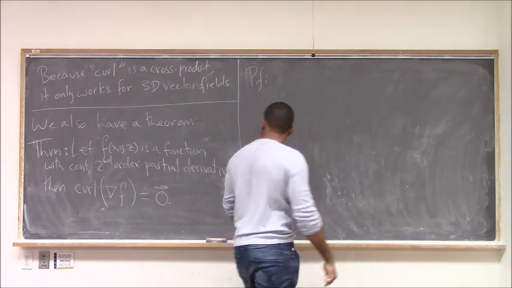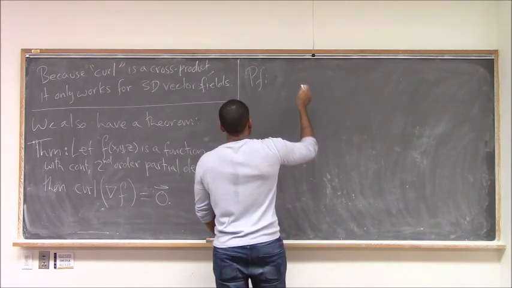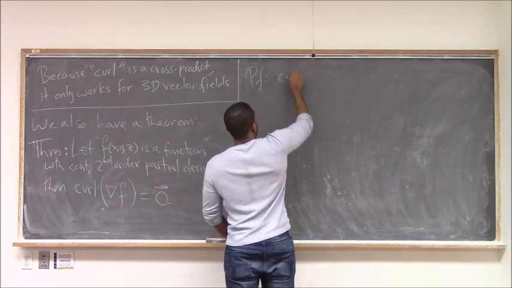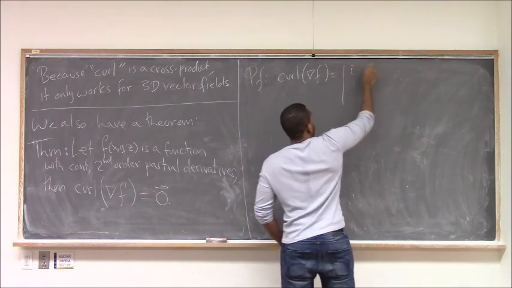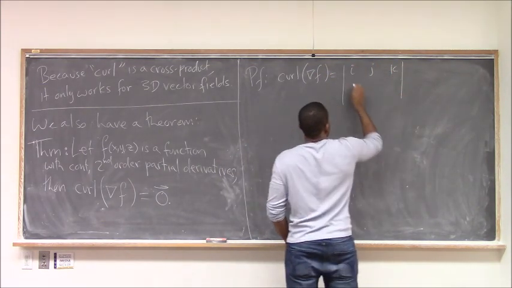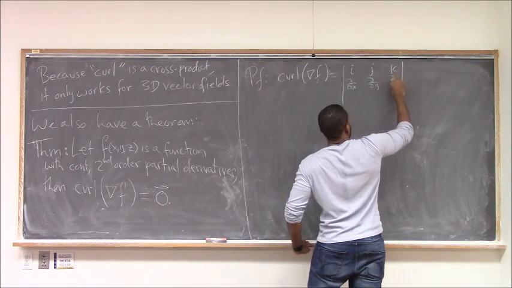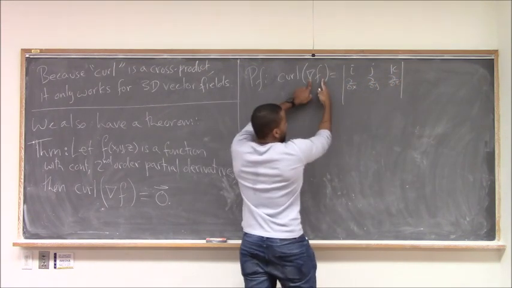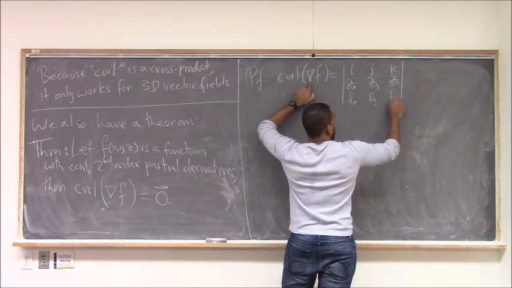That's actually not that difficult to prove. Basically, I know the curl of this guy is just going to be the determinant with partial with respect to x, partial with respect to y, partial with respect to z, and the components are the partials with respect to x, y, and z as well.